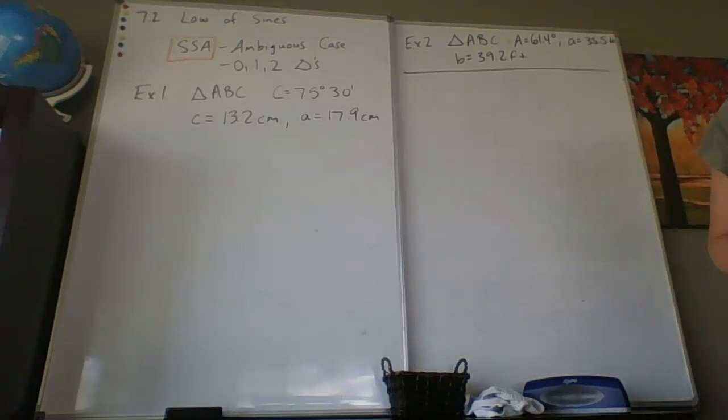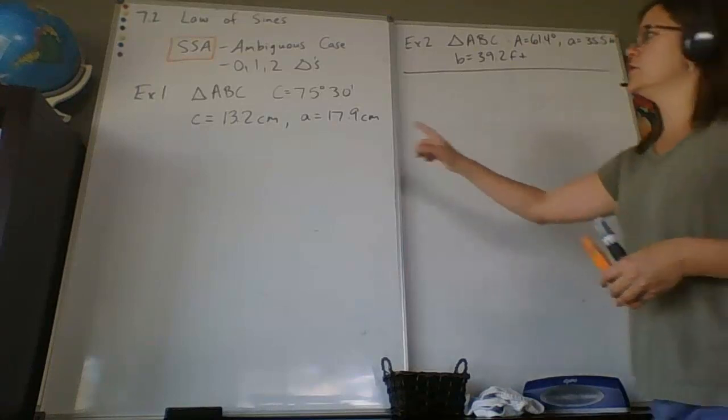Example 1. Solve triangle ABC if C equals 75 degrees and 30 minutes, side c equals 13.2 centimeters, and side a equals 17.9 centimeters. Because we are given two sides and an angle, we want to beware. We should say, oh, this might be an SSA.